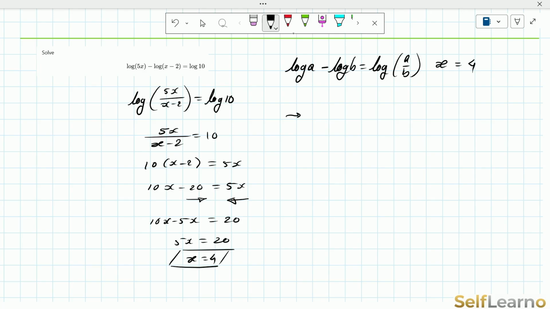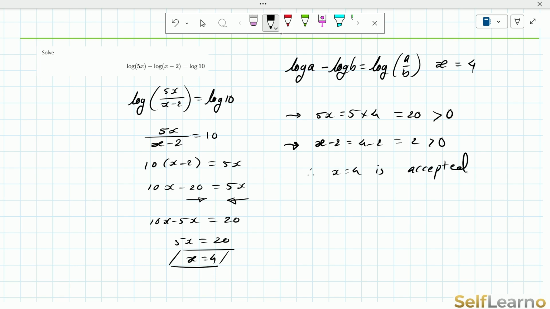This argument 5x, 5 times 4, that is 20. It is greater than 0, so accepted. But we have to verify both the arguments. x minus 2 is 4 minus 2, that is 2. It is greater than 0, therefore x equal to 4 is accepted.